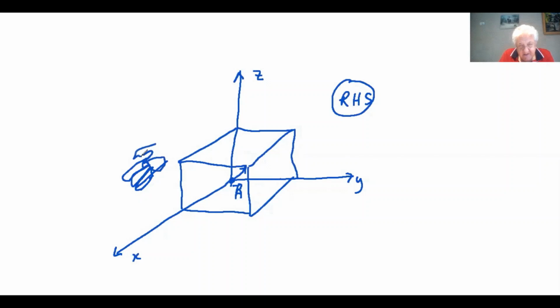This is a hand pointing in this direction. If you curl your fingers towards Y, your thumb will point in the Z direction. So flatten your right hand, point it in the direction of the x-axis, curl your fingers towards the y-axis, then your thumb will point in the z-axis. If you do this with a left hand, you'll end up with a coordinate system which is a left-hand set.